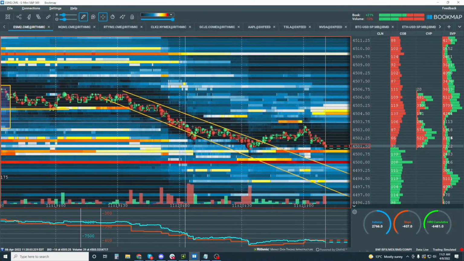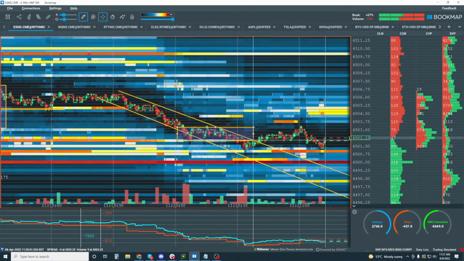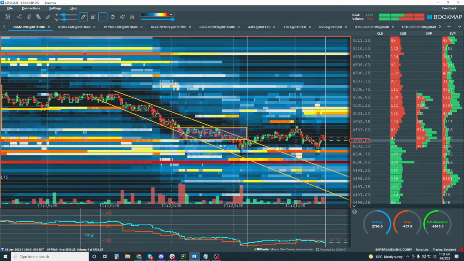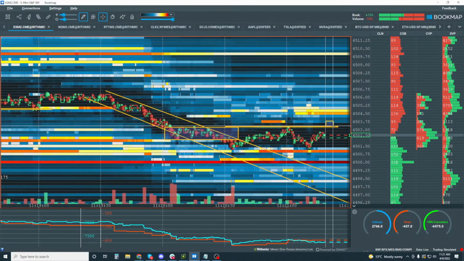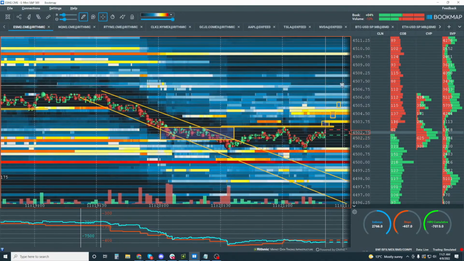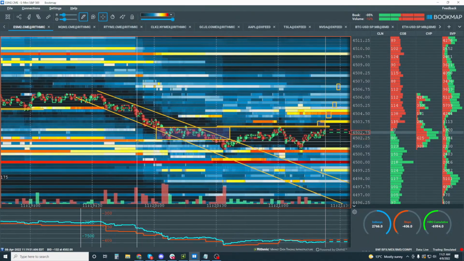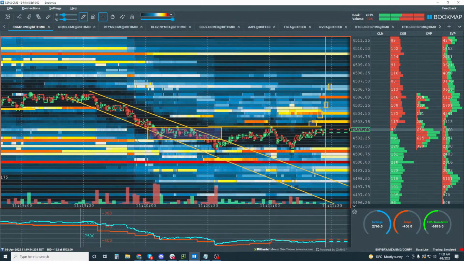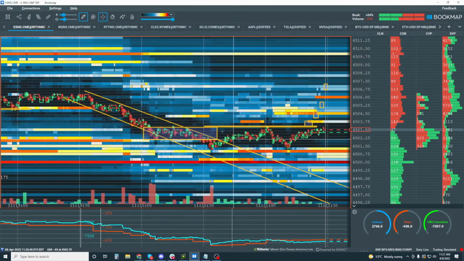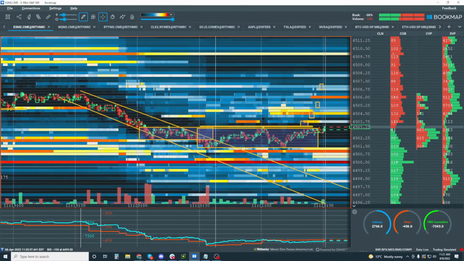So we've got this trending balance, and then we've got this balance in here. If we get buyers up here, breakout. Okay, it's building, again, balance in here.